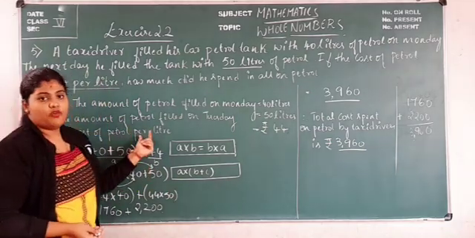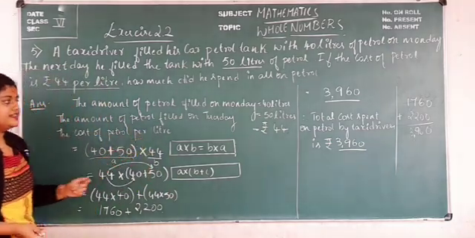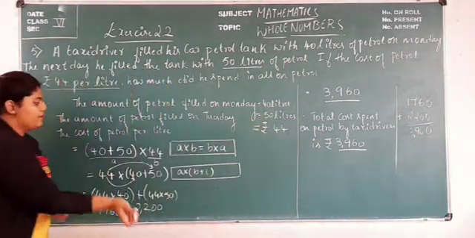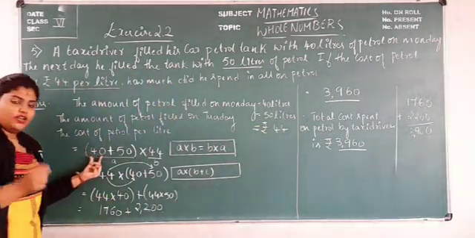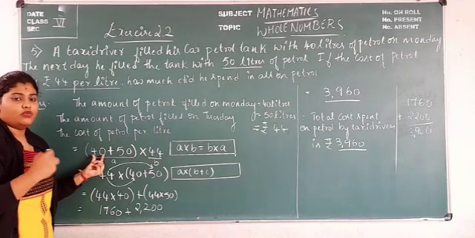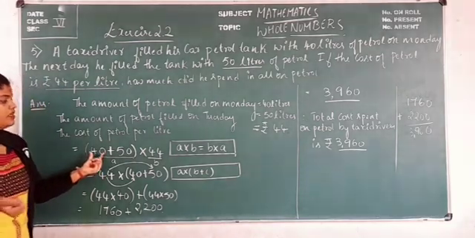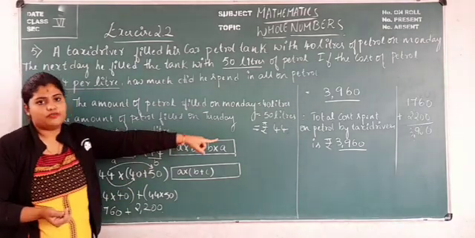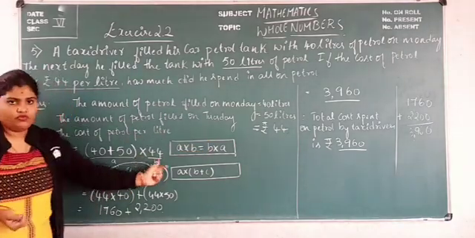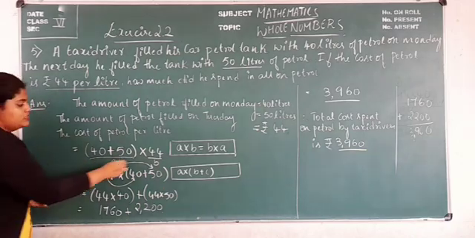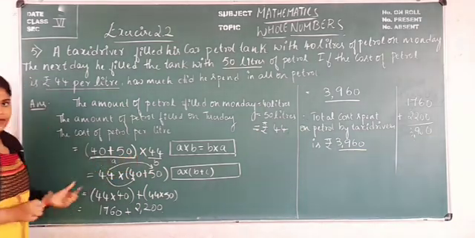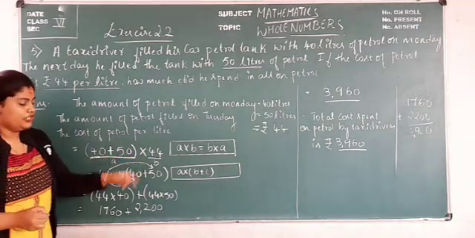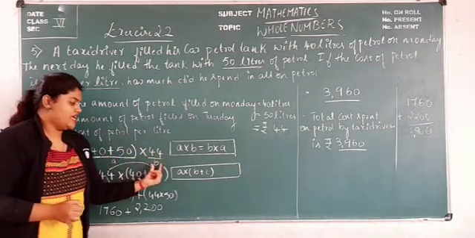We know the cost of petrol per liter is 44. So into 44. Now I have considered this whole bracket 40 plus 50 as A, then into, we have considered this 44 as B.